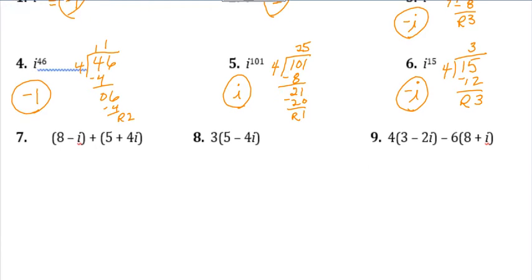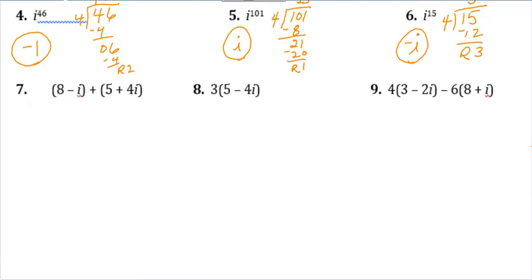Now let's manipulate and add, subtract, and multiply these imaginary numbers. So let's look at these 2 complex numbers here that were given in number 7. These work very similar to how we did variables in Algebra 1. They work very similarly. We can combine, so if this is the number 8 minus i plus 5 plus 4i, you can combine like terms.